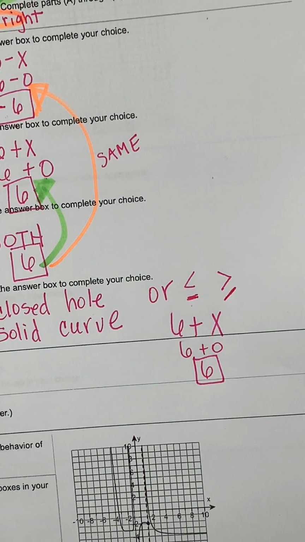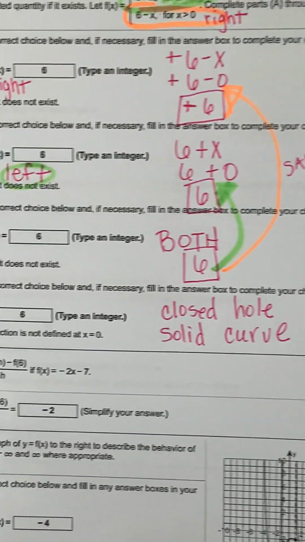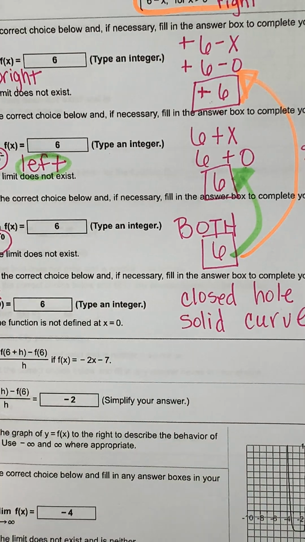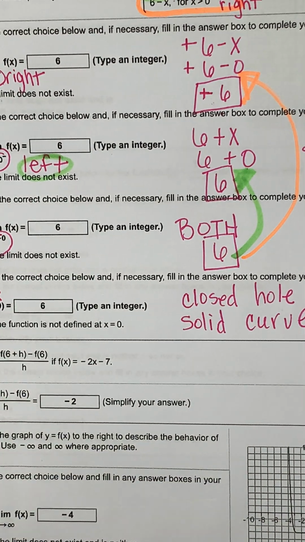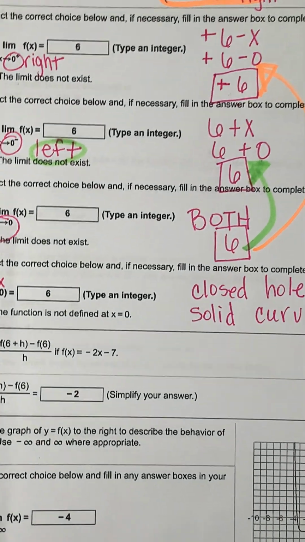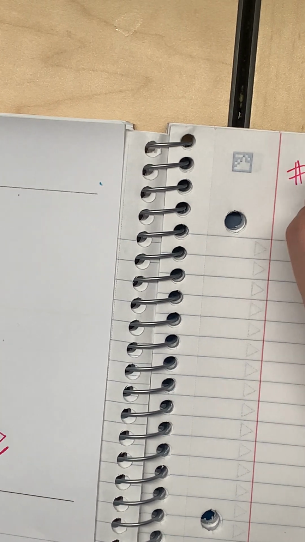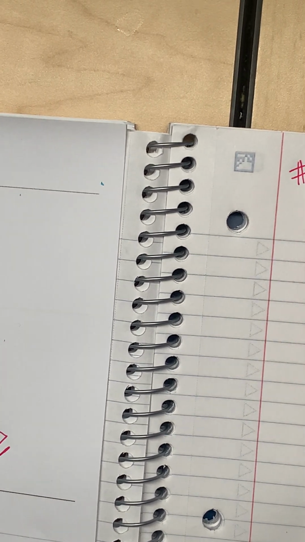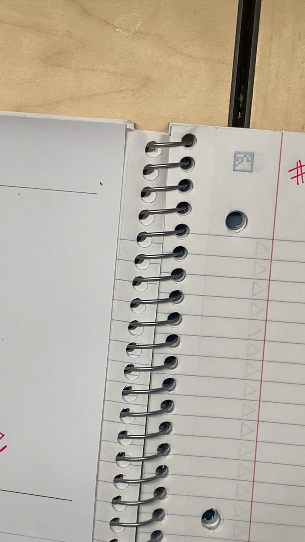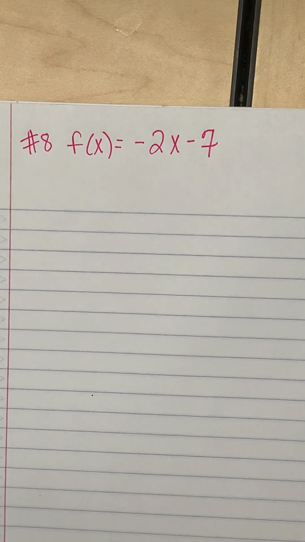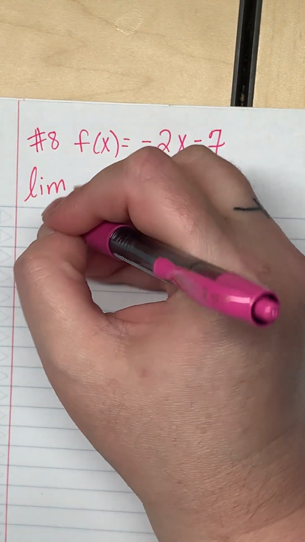Okay, let's look at number 8. Number 8 is a big boy, so I think I'm just going to work it out on some notebook paper. Okay, number 8 says f of x is negative 2x minus 7. And then it tells us to use this formula.